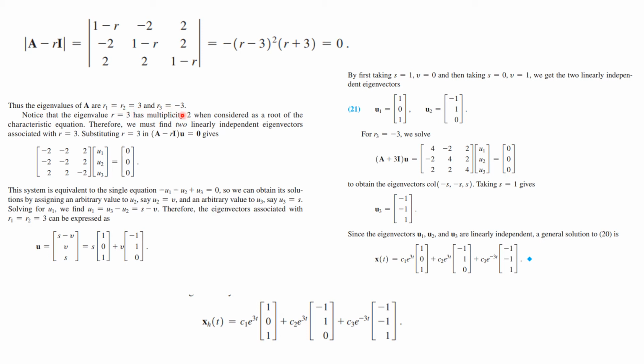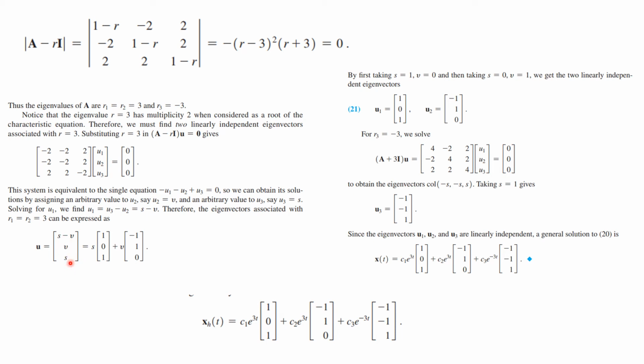So we need to find the eigenvectors. So when r is equal to 3, we will substitute 3 into this equation, and we will get this. Now that tells us that minus u1 minus u2 plus u3 is equal to 0, and that will tell us that our solutions are going to look like this: s minus v, v, and s.